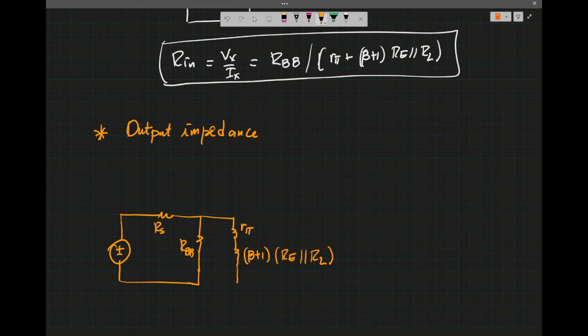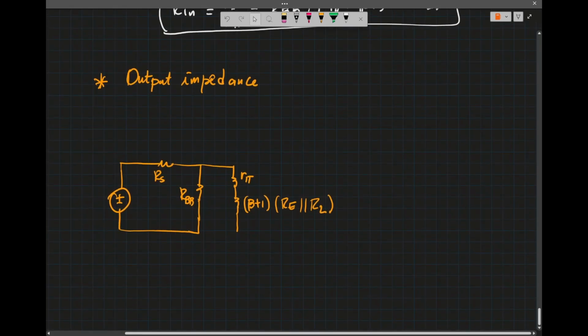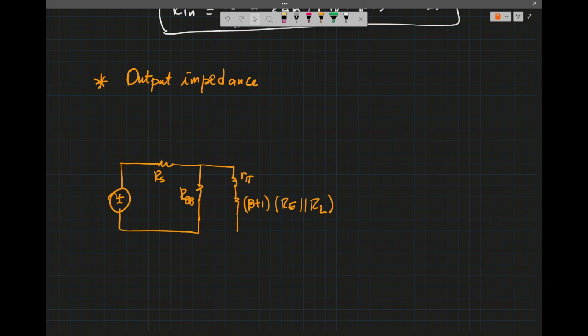All right. To find the output impedance, we could do it using the test source method as well. To use the test source, what do we do? I'll place a test source at the emitter. Let me use that method to show you how you can also do that.